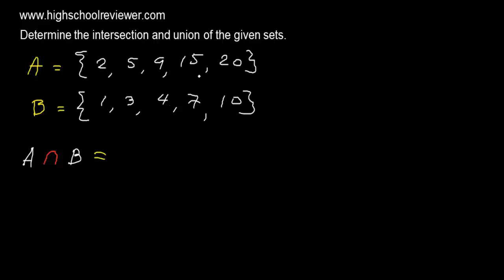Okay, it seems that there are no elements that can be found in both A and B. Since there are no elements that can be found in both sets, our answer here will be this symbol. This symbol is also called the null symbol. So our answer for the intersection of the sets A and B in this given problem is null.